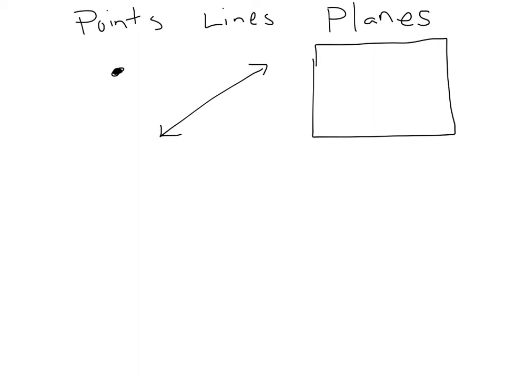All right, let's talk about a point real quick. A point has no shape nor size. You can write that even if I don't. A point has no shape nor size.